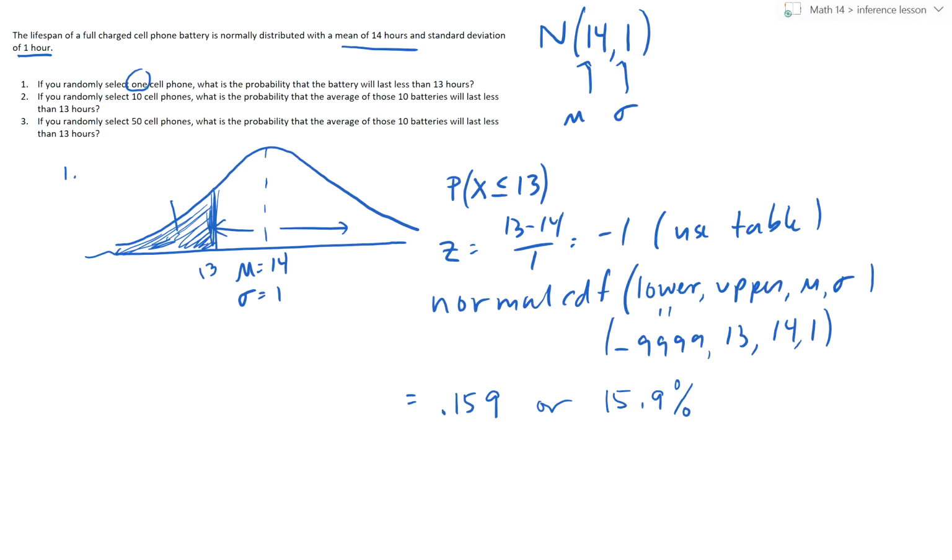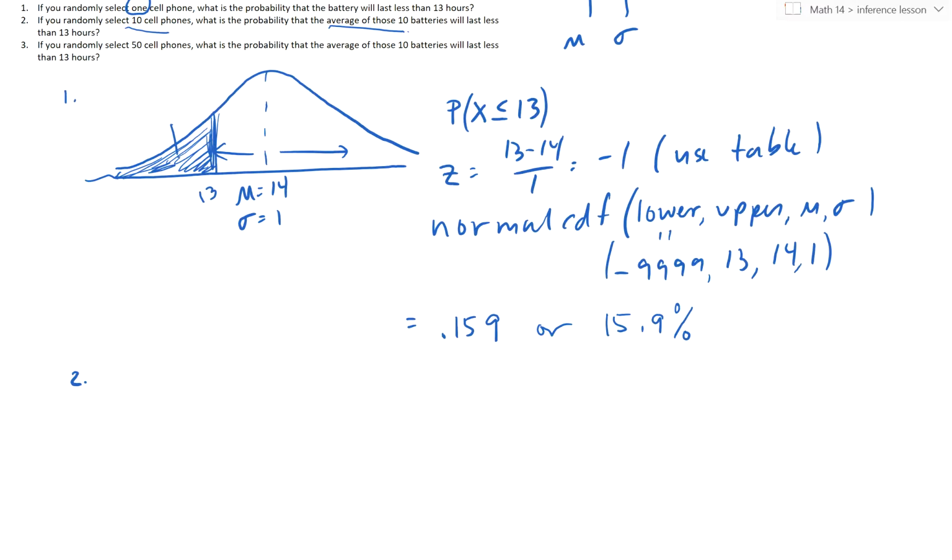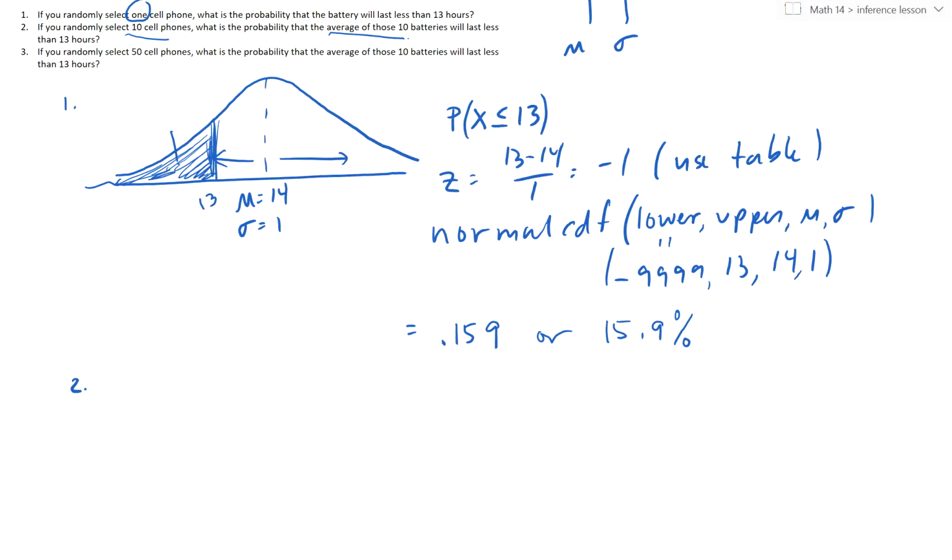Number 2 says if you randomly select 10 cell phones, what's the probability of the average of those 10? So now I'm talking about the average of 10, not just one phone. We need to know what the distribution of the average of 10 phones looks like. If I take 10 phones and find the average lifespan, the center is going to be 14. We'll talk about why it's normal in a sec.